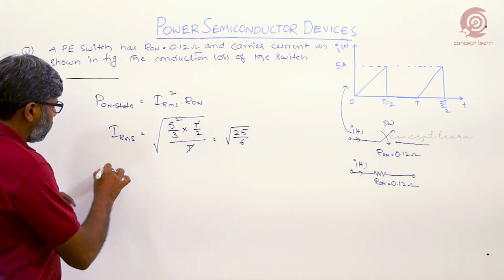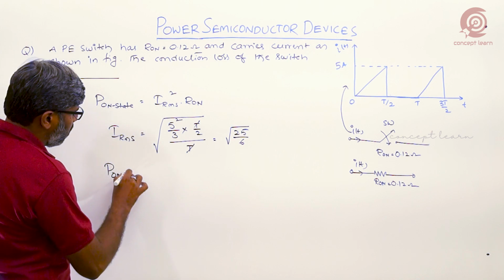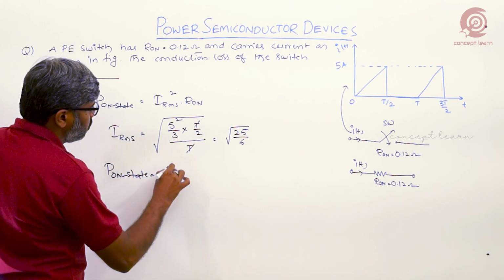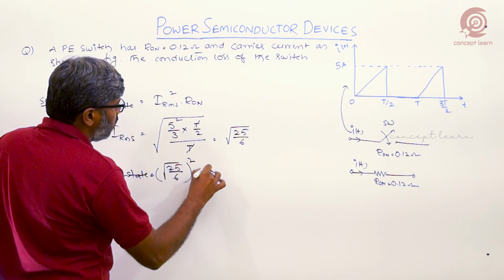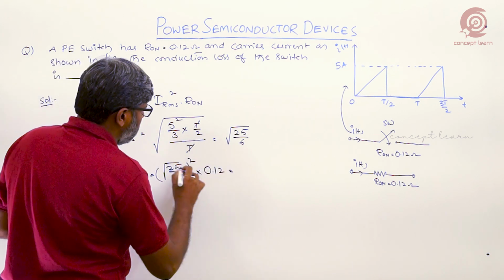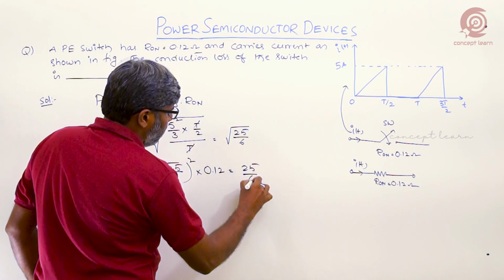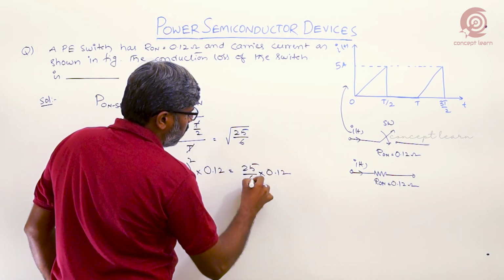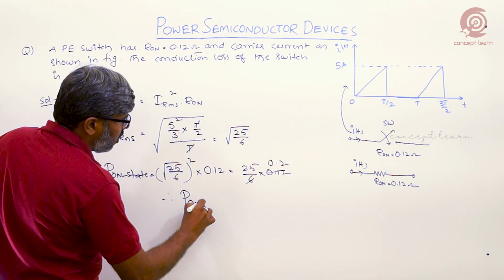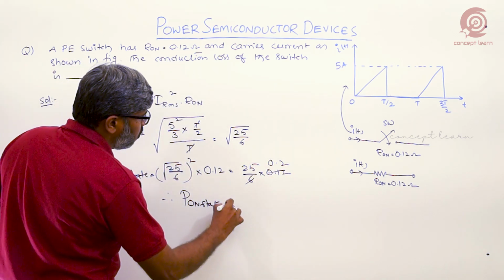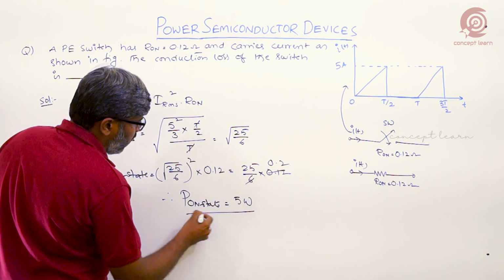Then what is the on-state power loss? On-state power loss is equal to 25 by 6 whole squared into 0.12. That is 25 by 6 into 0.12. Therefore, P conduction loss, or on-state loss, is equal to 5 watts.